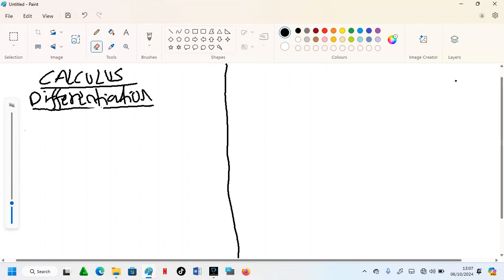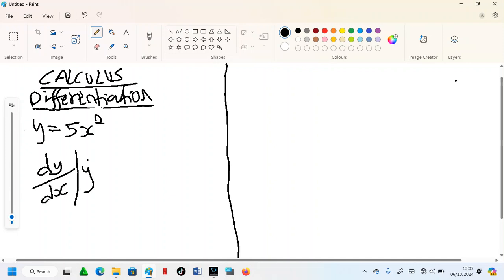If you have a function, say like this one, y is equal to say 5x squared, and you want to find the derivative, the representation of the derivative is always dy over dx, or if you want, you can also call it y prime.